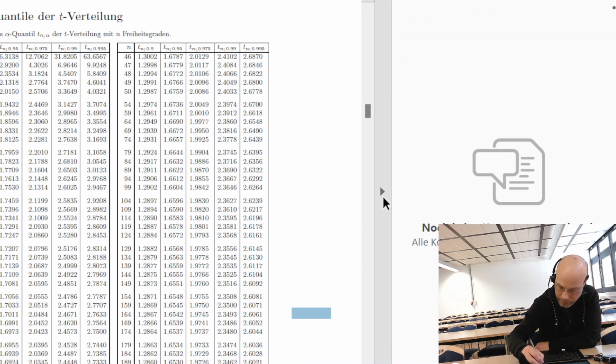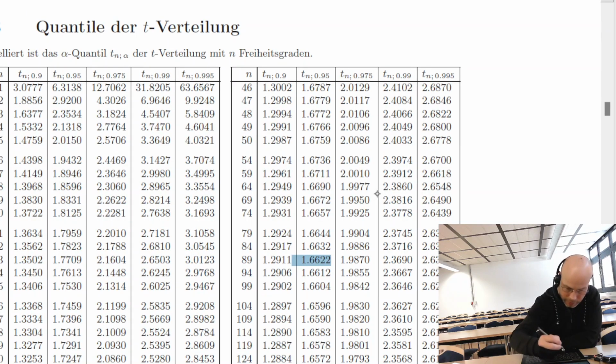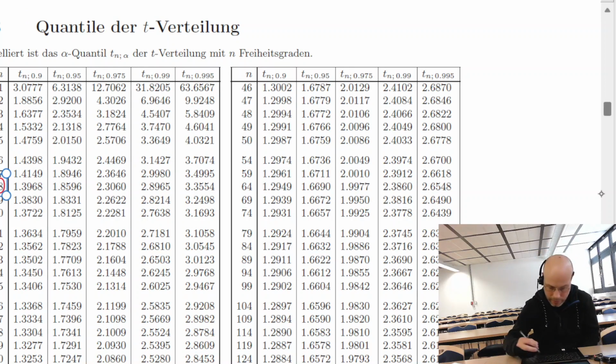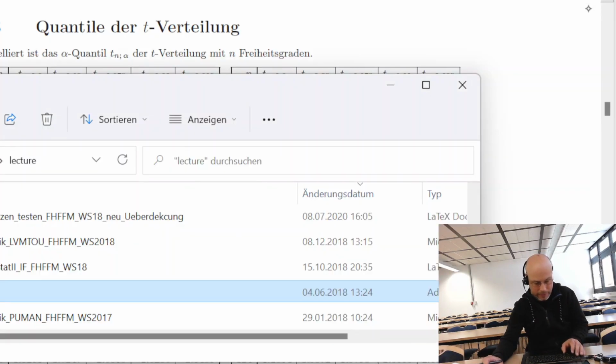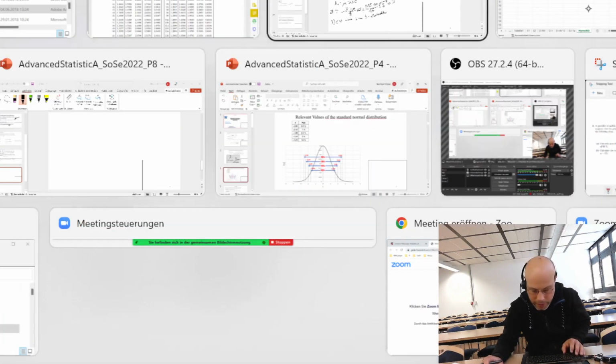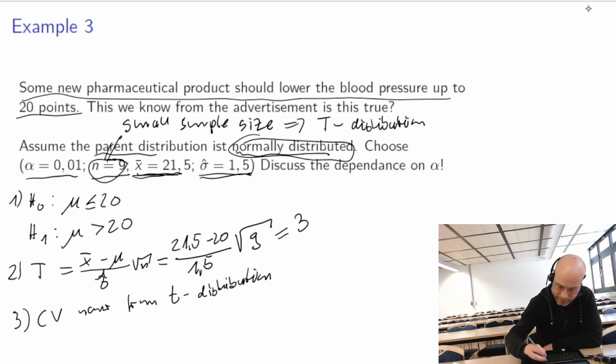N equals 8 and 1%. So I obtain 2.8965. Okay, well, this can happen, of course.